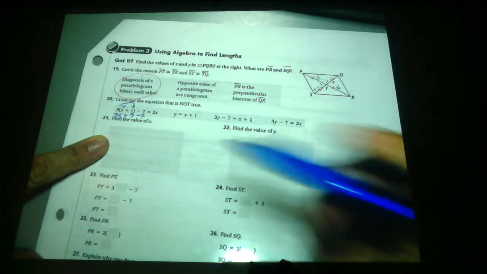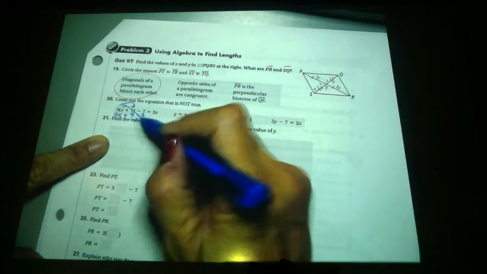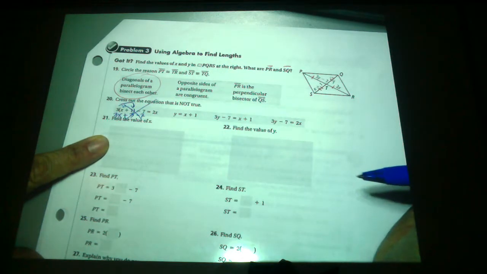What's 3 minus 7? Negative 4. Does that match that? No. And I'm not crazy, what does that say? Is that a 1? Oh, it's a 7. And so that one doesn't appear to be correct. Did we make a mistake?